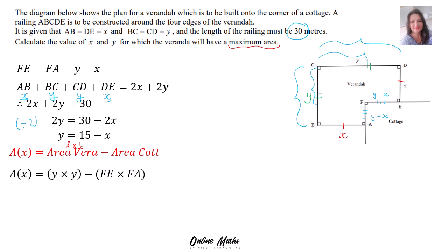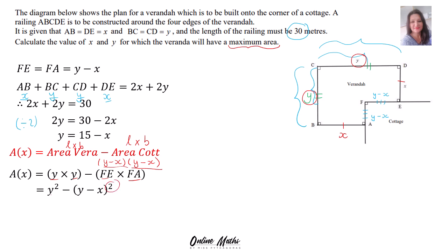Therefore, the area of the veranda, can you see, is Y times Y. And then the area of the cottage will be also length times breadth, but in this case it is FE, which is Y minus X times FA, which is also Y minus X. So therefore we can say Y times Y is Y squared, and then Y minus X times Y minus X is Y minus X squared.